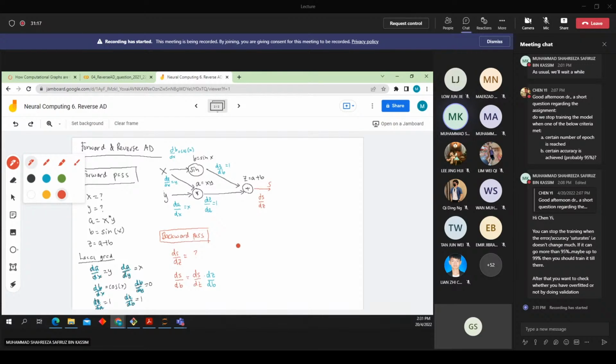Okay. And then I'll write here ds with respect to a. So the partial derivative of s with respect to z times, again, the partial derivative of z with respect to a, which is this guy. And we can continue this. ds/dy is going to be a bit long.